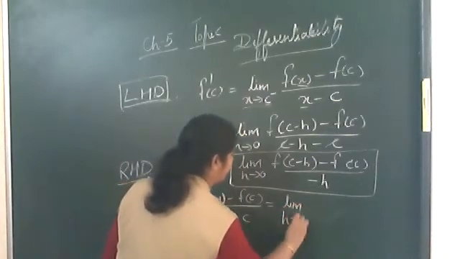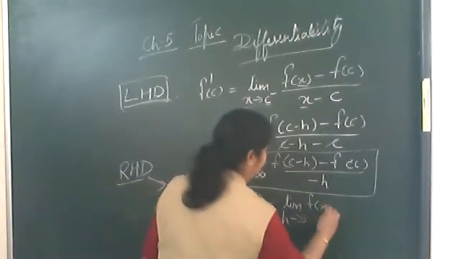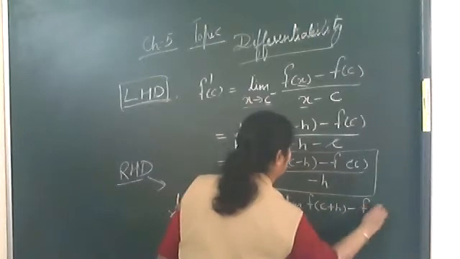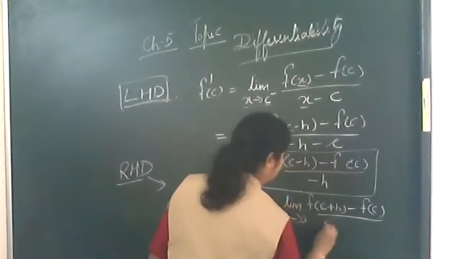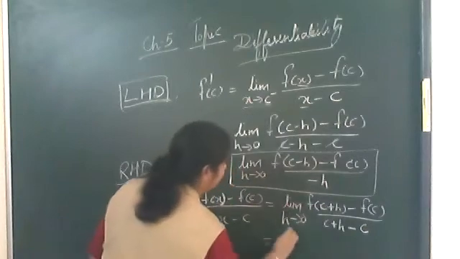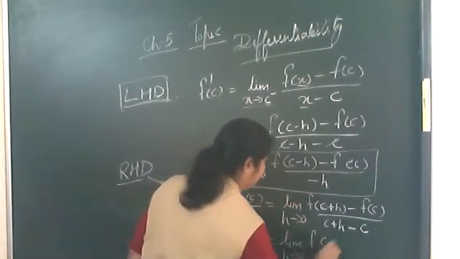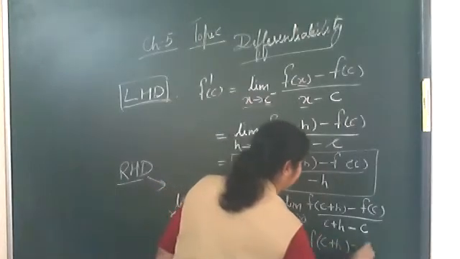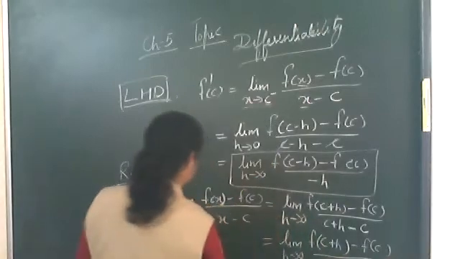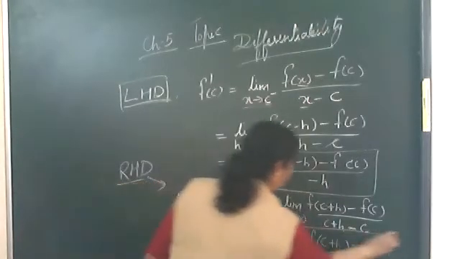Limit h tending to 0, f of c plus h minus f of c upon c plus h minus c. This will be equal to limit h tending to 0, f of c plus h minus f c upon h. This is your RHD.